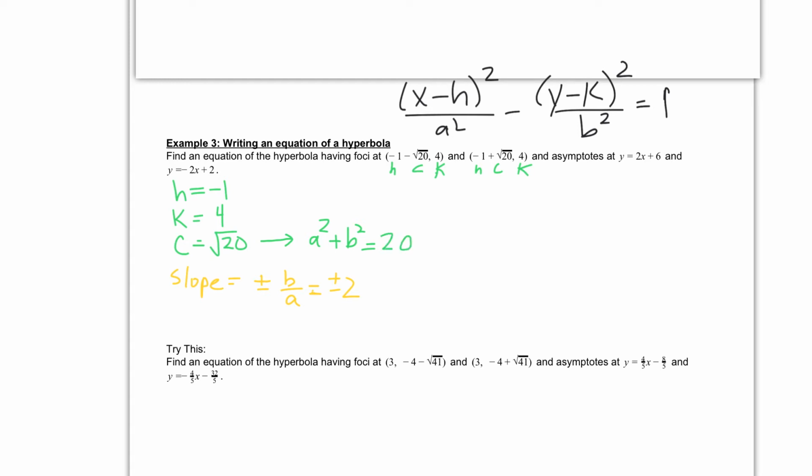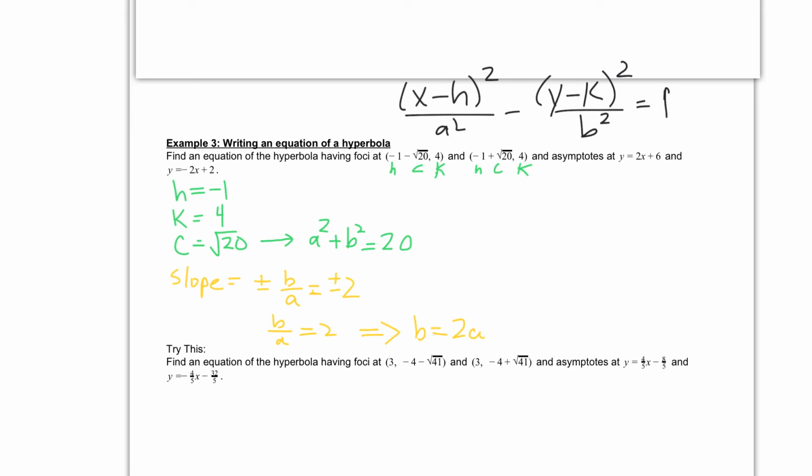And since I know a and b are going to be positive, I'm going to look at this as b over a is equal to 2 for now. If that's the case, I can solve for b by multiplying both sides by a. And I know that b is equal to 2a. That's the relationship between our b and our a.